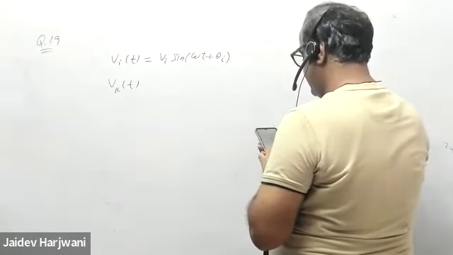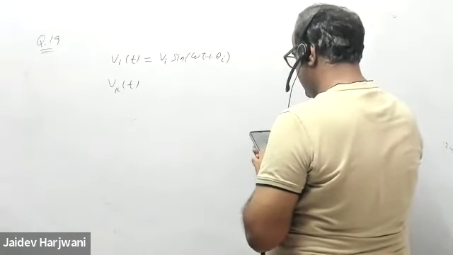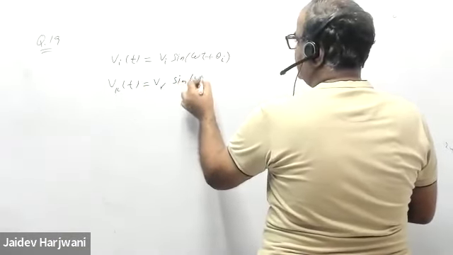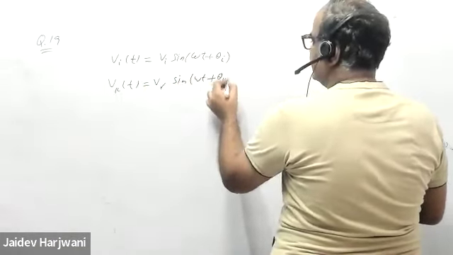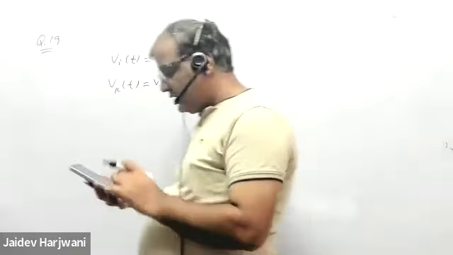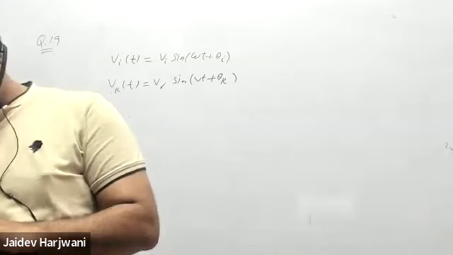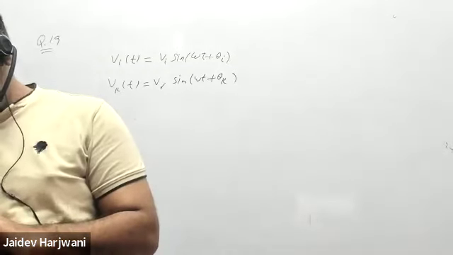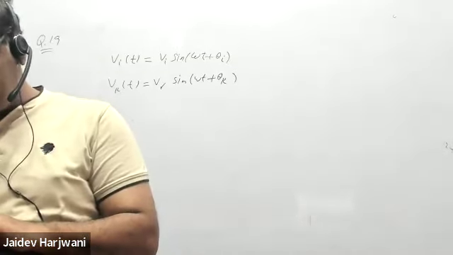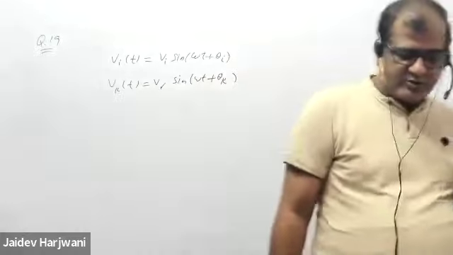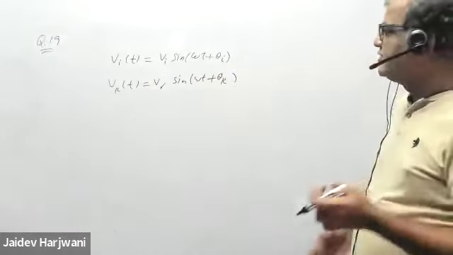This is given to you. And now this is fed to a low pass filter of cutoff frequency omega. Then the final output of the signal should be. So basically, this is a lock-in amplifier.